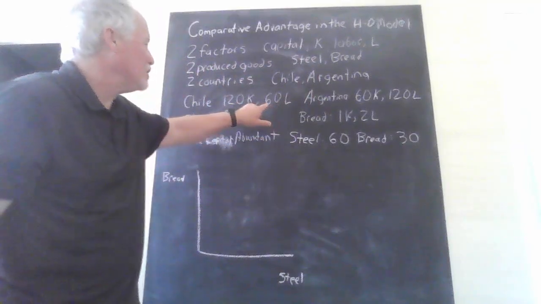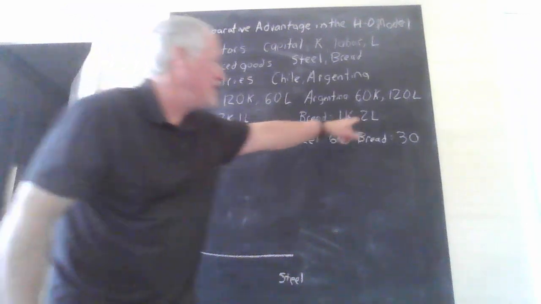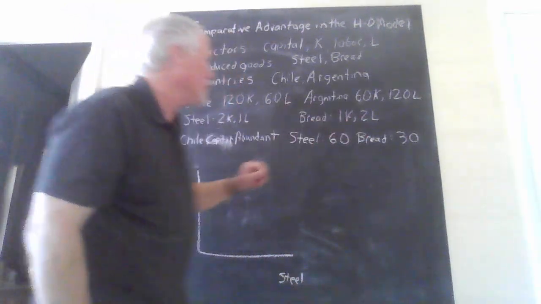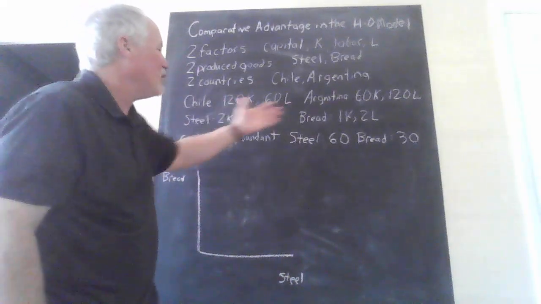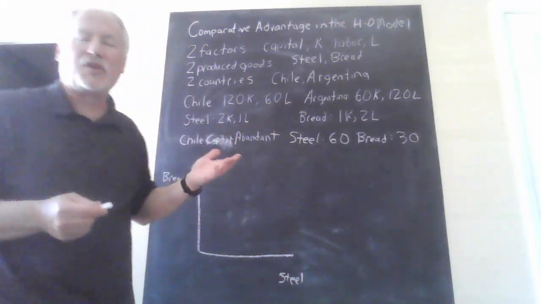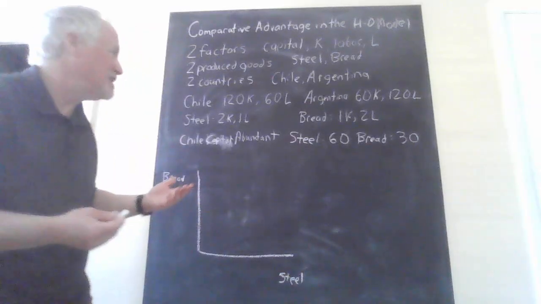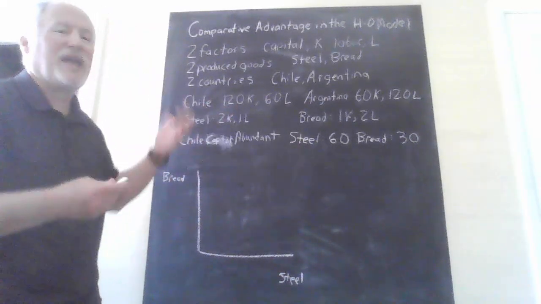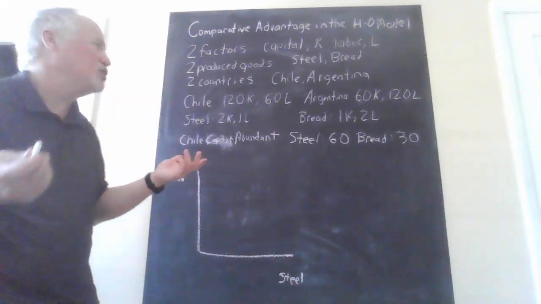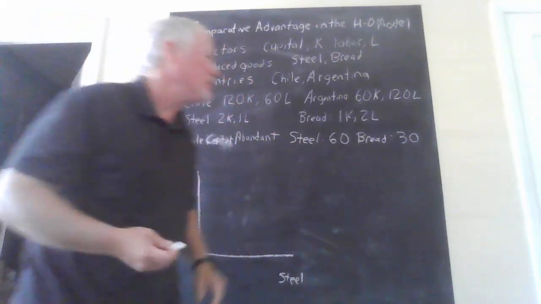Because after producing 30 units of bread, they need 60 units of labor, and they've used up all of their labor producing bread, and then they've only used 30 units of capital, but you need to actually have some labor to go with capital to produce any steel. So in effect, Chile would have 90 units of capital that would be left over, couldn't use to produce anything if they produced all bread.